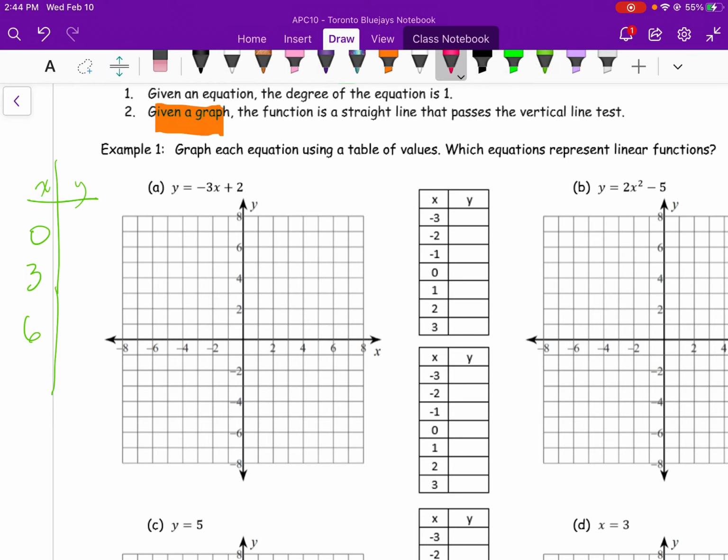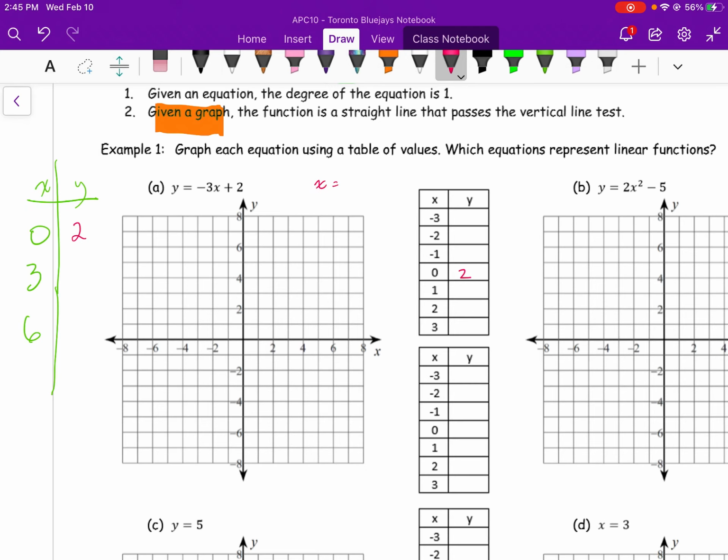So anyway, I'm just going to get started here, where x is 0, y is going to be 2. And on a separate piece of paper, y is equal to negative 3 times 0 plus 2. Y would be equal to 2 when x is equal to 0. There we have it. I just realized to the left, there's actually a table of values started for me.